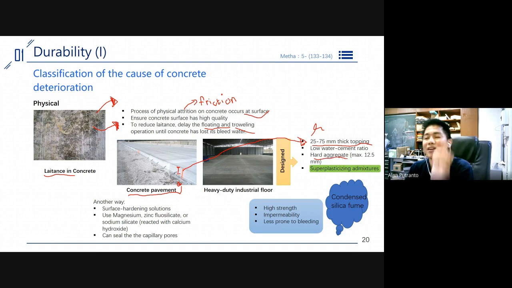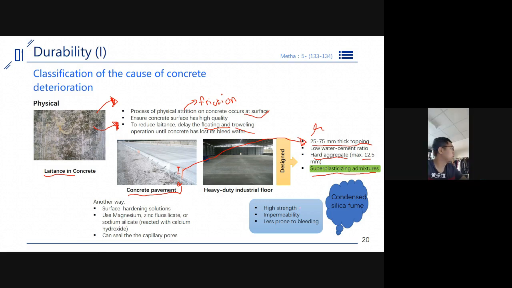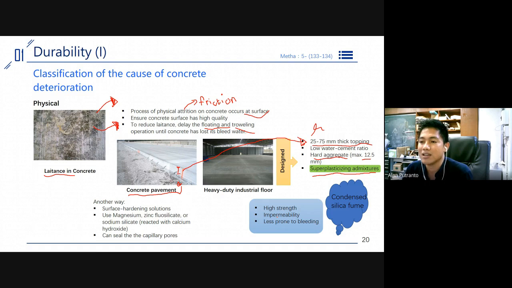The maximum aggregate size, I think from Mehta, is 12.5 millimeter. Then we can use a superplasticizing admixture to have the structure resist this kind of defect. We should have high strength concrete, and then we should have impermeability of the structure, and less proneness to bleeding.